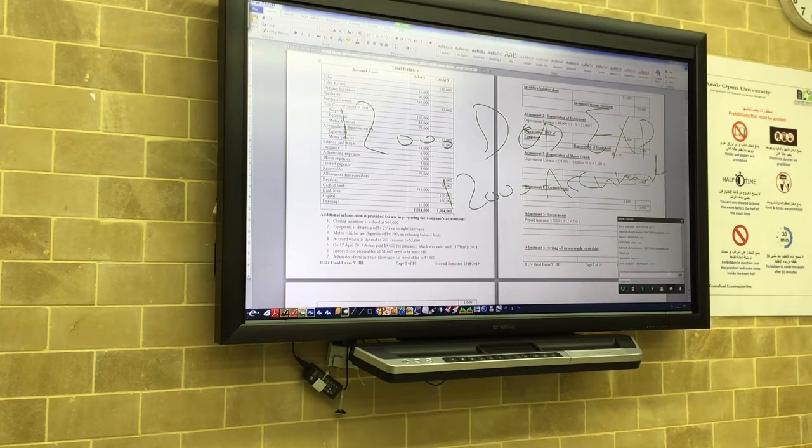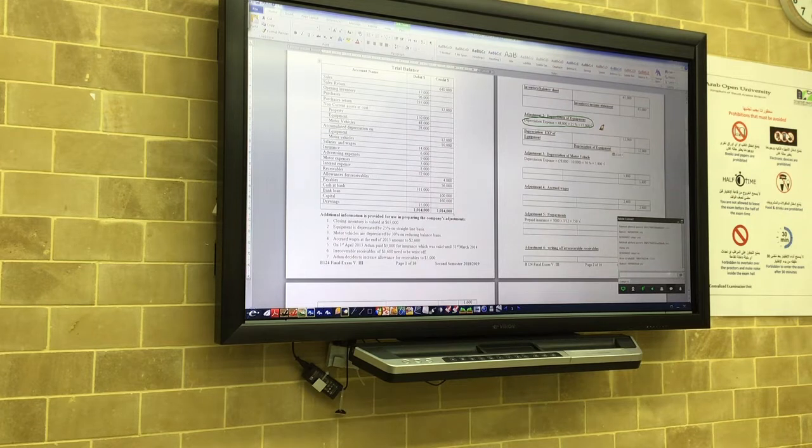In the exam you have to write it like this: depreciation expense, 48,000 multiplied by 25%. If I give the direct answer, maybe he will deduct marks, because you see here he put a tick. The tick means you have to show how you get 12,000. This is the treatment, this is the analysis, this is the calculation.